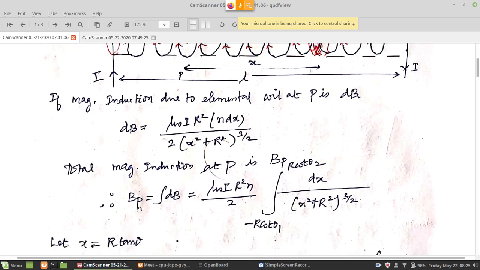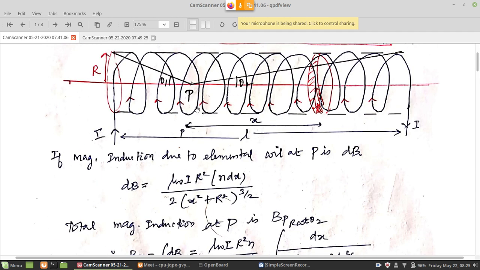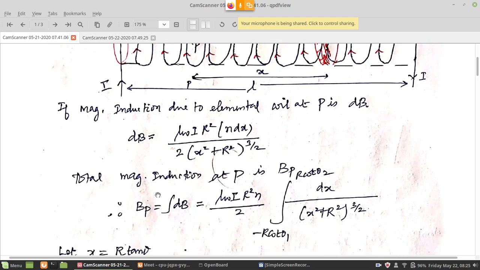So magnetic field at the point P, which is called B suffix P, is equal to integral dB. That is, this integration of this portion we have to do, is equal to constants, ఏమేమి ఉంటాయి. μ0 is a constant, current is a constant, current through the solenoid.